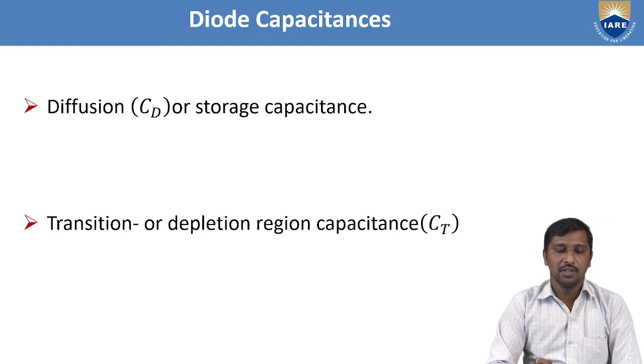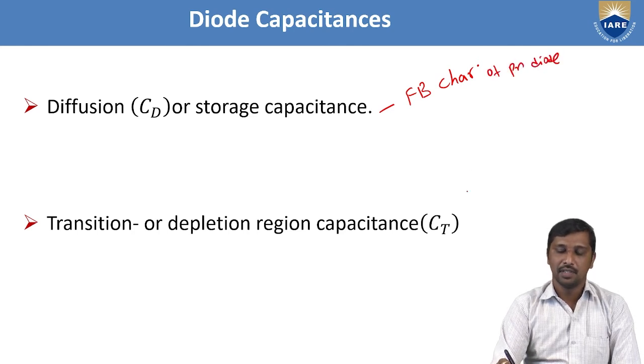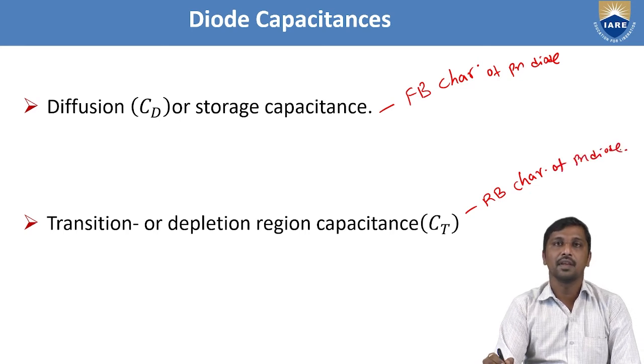The storage capacitance is observed from the forward bias characteristics of a PN junction diode. The transition or depletion region capacitance is observed from the reverse bias characteristics of a PN diode.